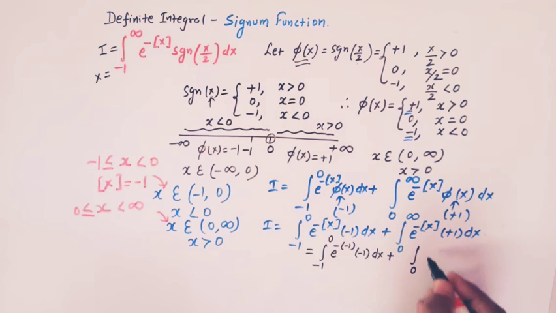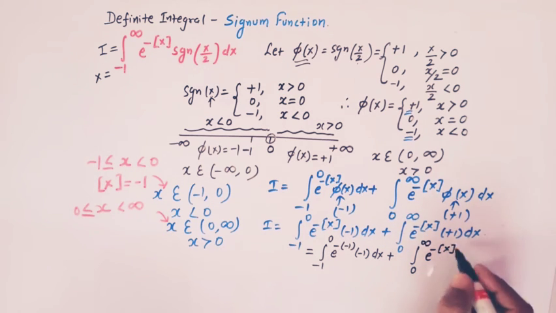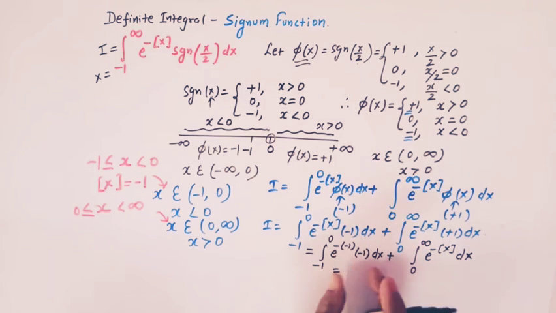So let us write it as 0 to infinity e raised to minus x dx, right? So now this integral is -1 to 0, and here e raised to plus 1, and we have dx.